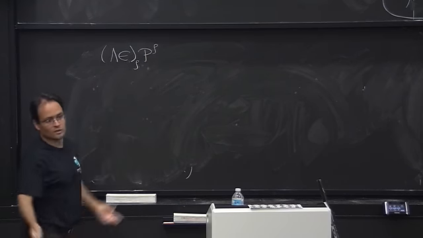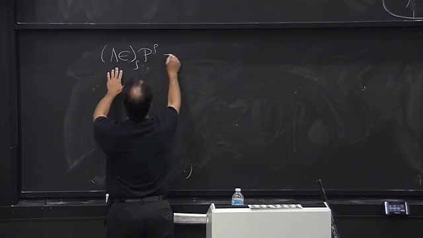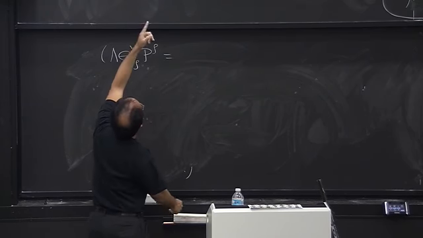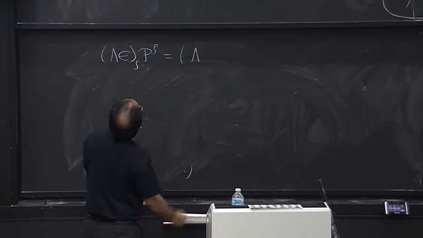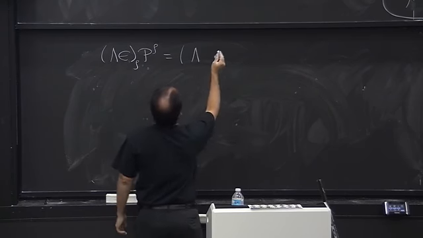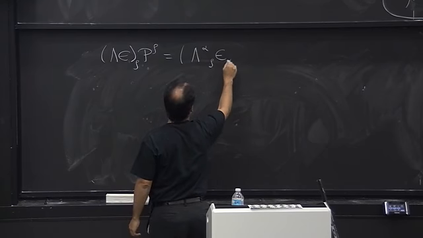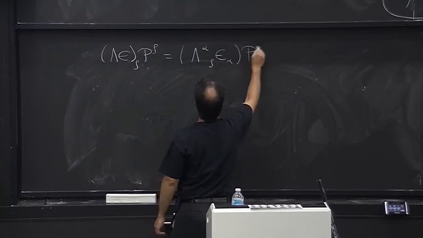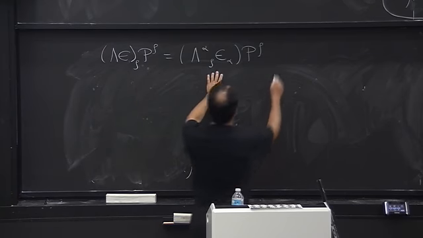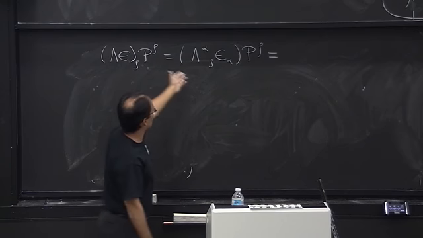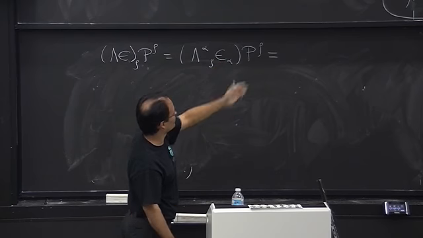It's a dummy index, so I can just write it as rho, right? No problem. Now, what do I mean by this? Well, I mean exactly what I have there. It's the action of this guy. So I'm going to put, in general, some crazy indices, alpha, rho, epsilon_alpha, p_rho, okay? So I still have to massage this because I want to extract something that has the index mu here in order to make it look like that.